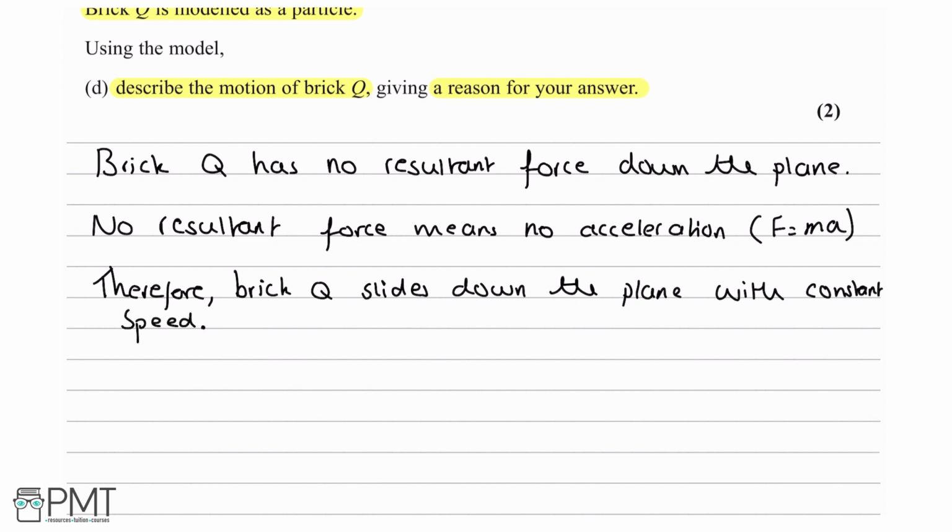I'm going to underline constant because that's the key word. So for this part, you get 2 marks. Your first mark comes from describing the motion of brick Q, so that is this line down here. And then your second mark comes from explaining why that is. So the fact we said no resultant force and therefore no acceleration will get us our second mark. Getting either of these lines will get you your second mark.